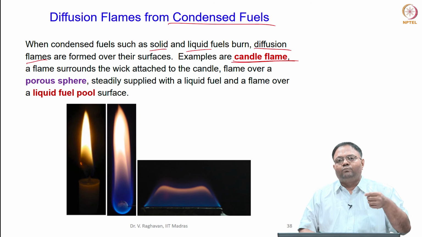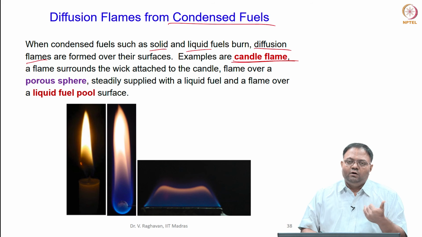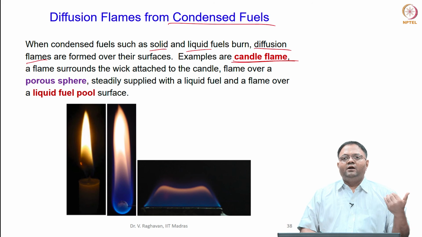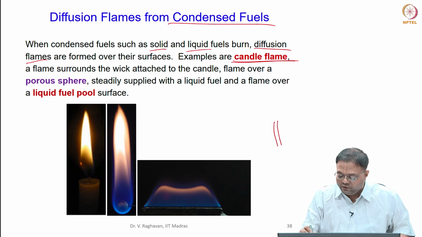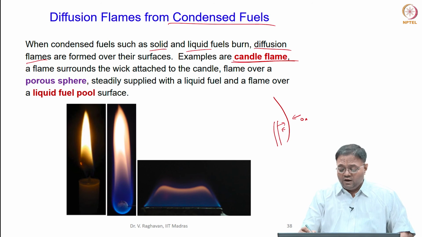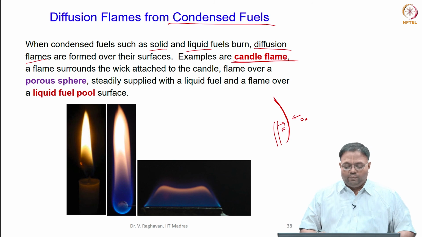The molten wax comes to the wick surface and is heated by the flame, and vapors are formed. This is the wick of the candle. Fuel vapors form and travel to the flame, which surrounds it, and oxidizer from the ambient comes towards it, and a flame is formed wherever these mix in stoichiometric proportions.